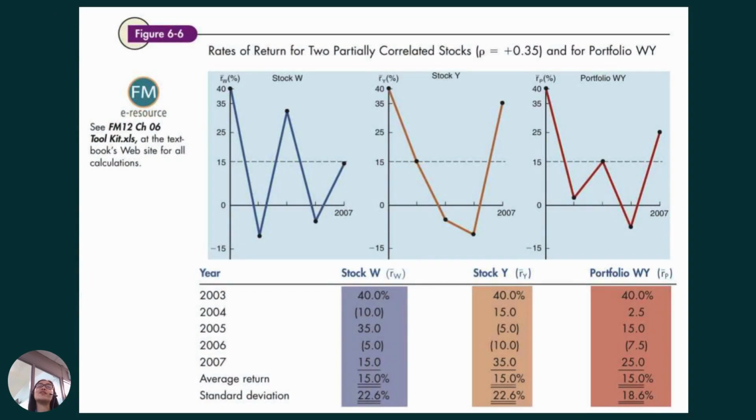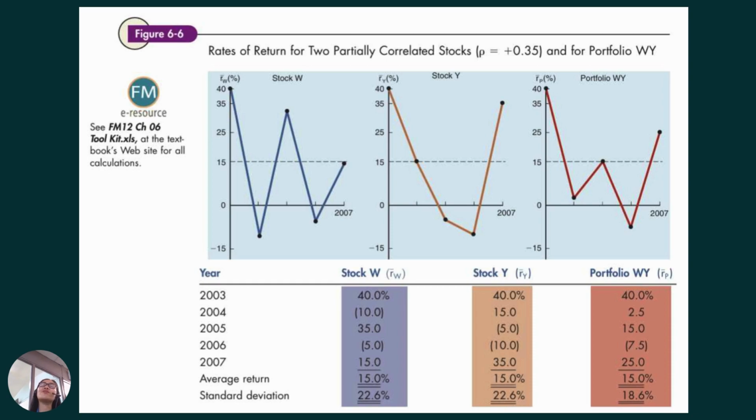Figure 6-6 illustrates this point with two stocks whose correlation coefficient is 0.35. The portfolio's average return is 15%, exactly the same as the average return for our other two illustrative portfolios, but its standard deviation is 18.6%, which is between the other two portfolios' standard deviations.